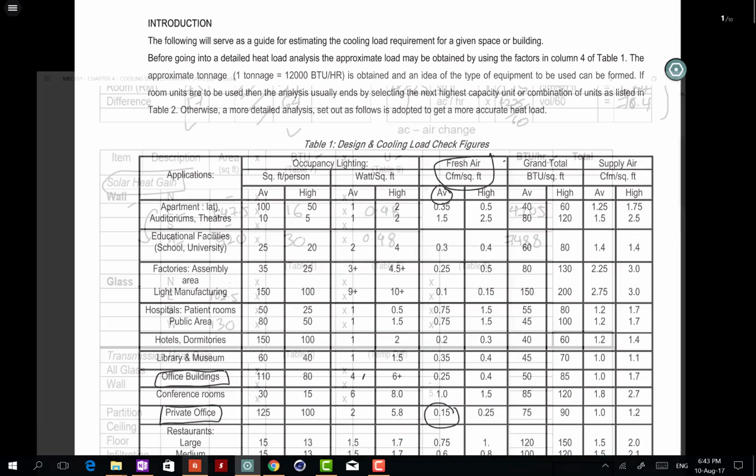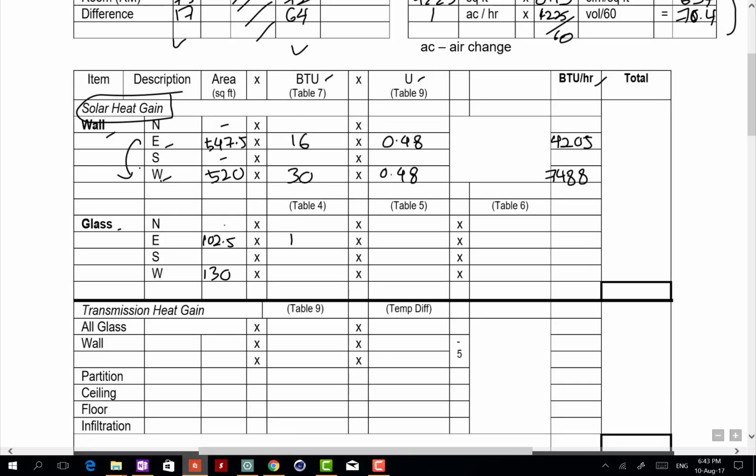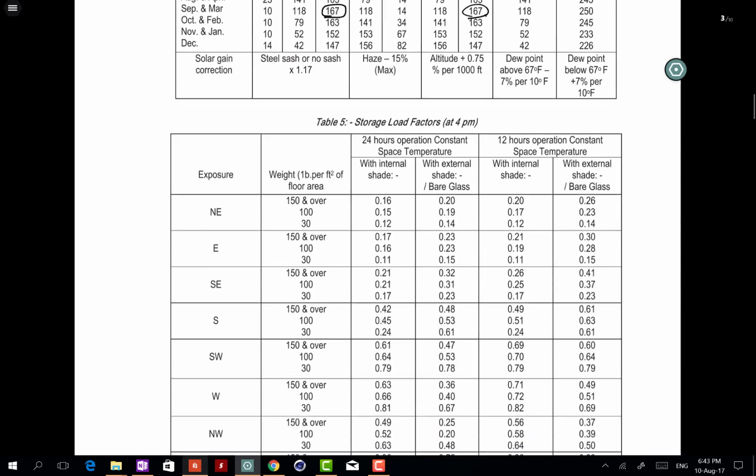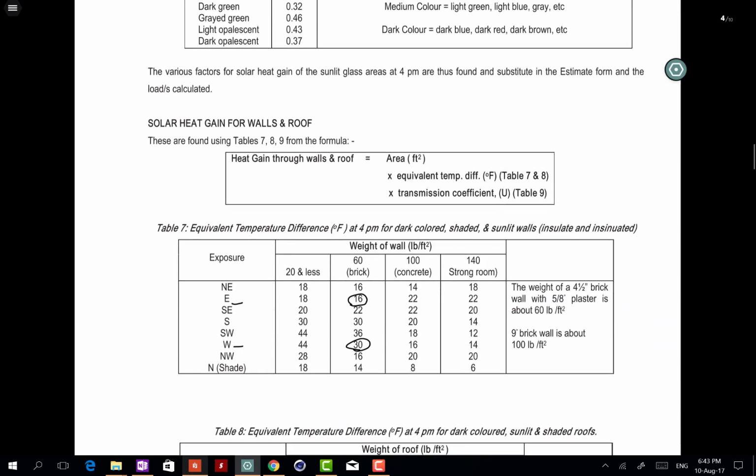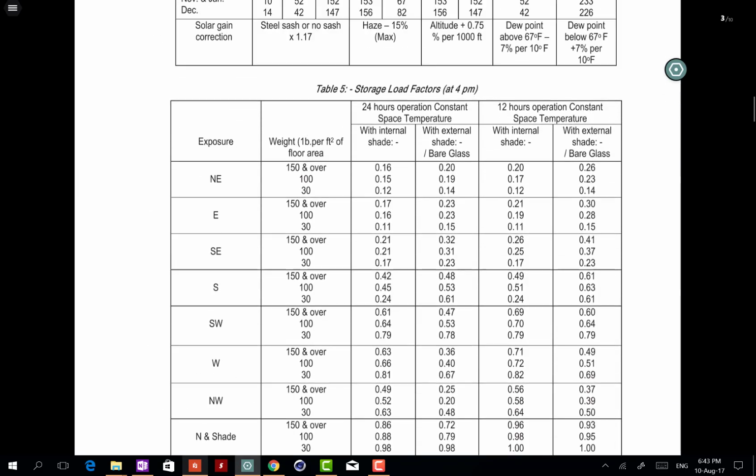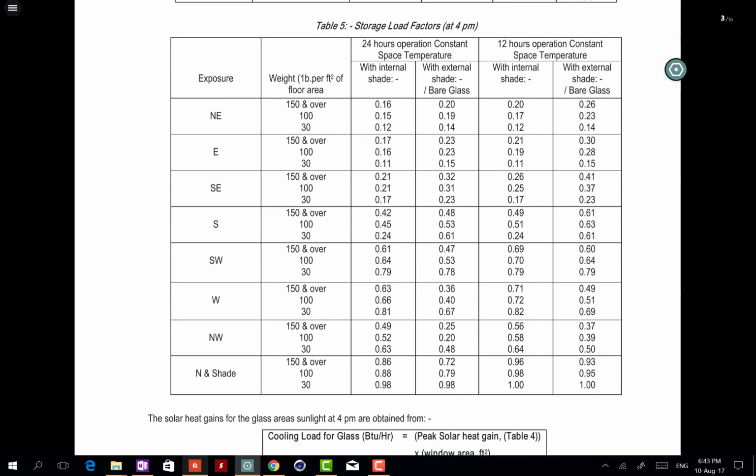So fill up the table with 167, 167, and then multiply with table 5. Table 5, okay, east and also west. Okay, mark here. Right, so which weight of the building do we need to use?